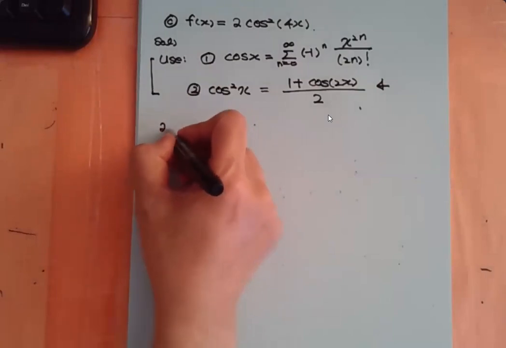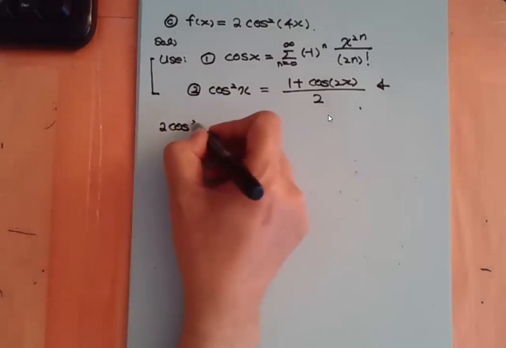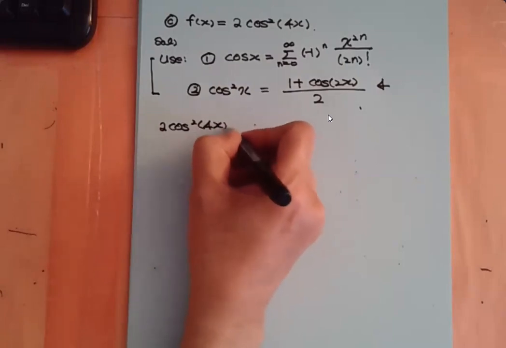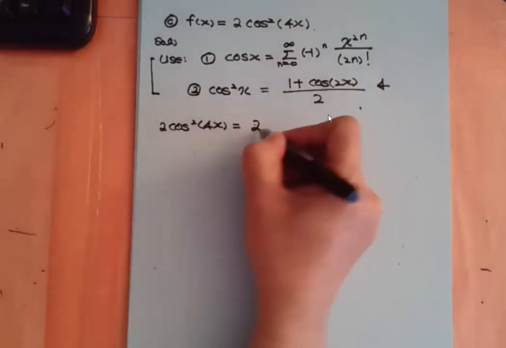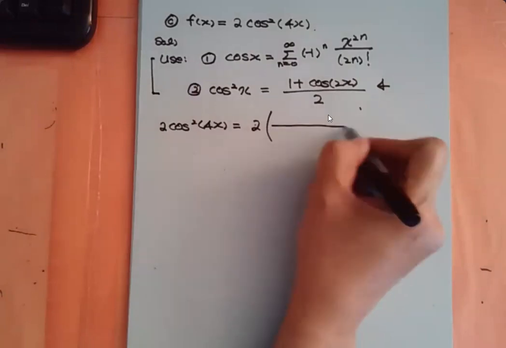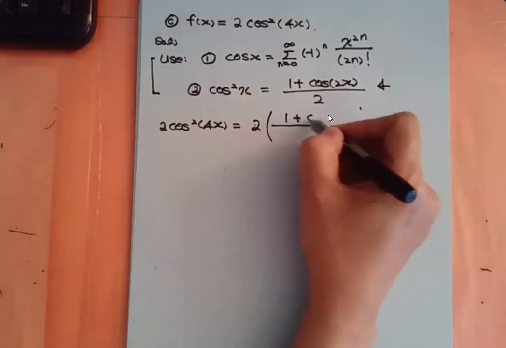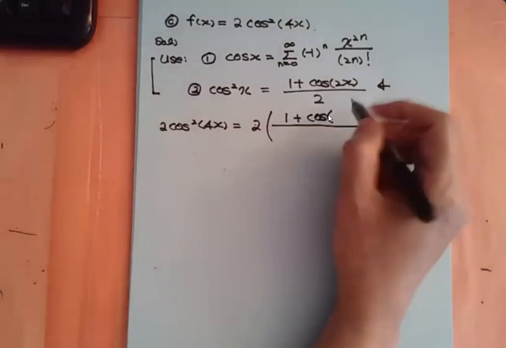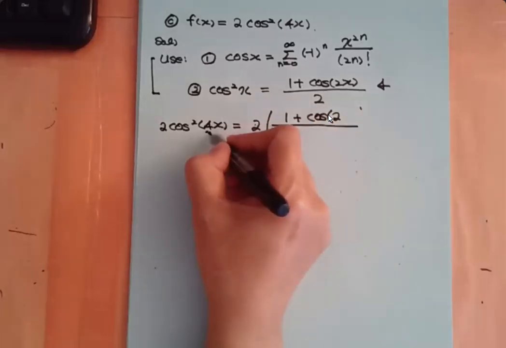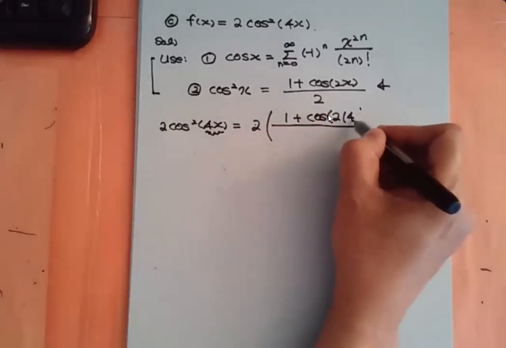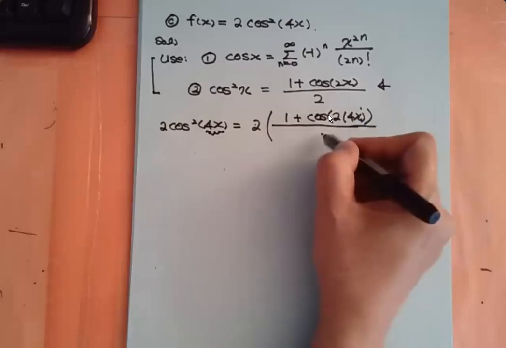So this one is 2 times cosine squared of 4x. So that is 2 times 1 plus cosine of 2 times x became 4x over 2.